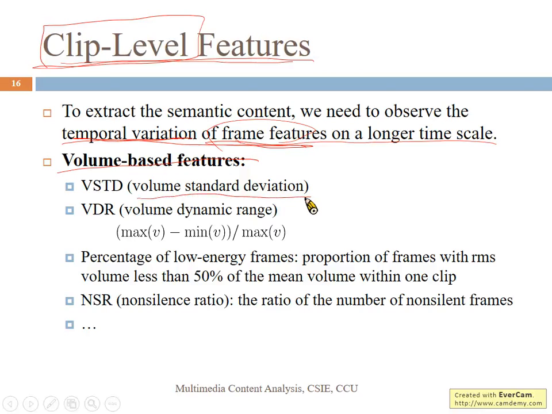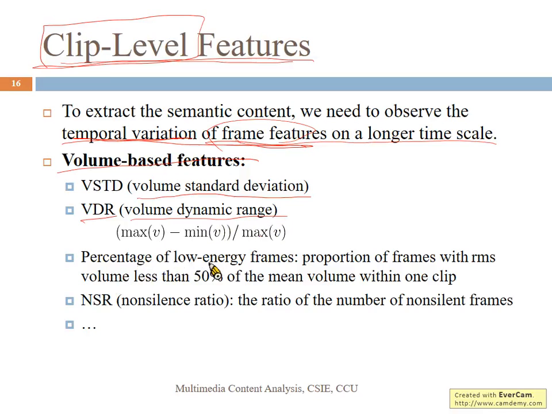We consider many frames, and then we calculate the standard deviation of the frame-based volume feature. Another is VDR, the volume dynamic range. In this clip, what is the highest volume? What is the lowest volume? The difference between them is the volume dynamic range.